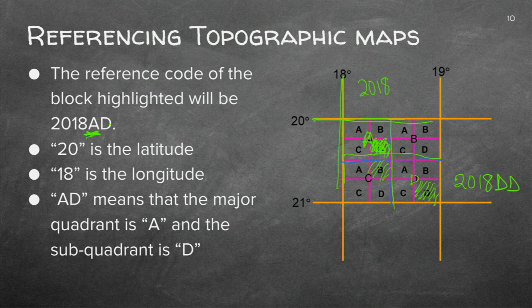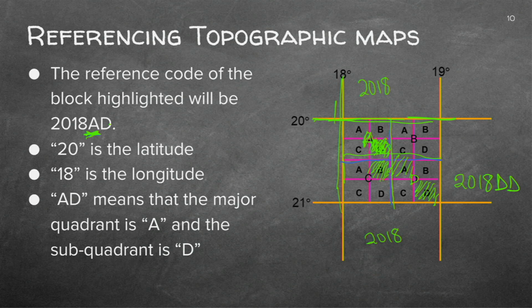I am sure you have tried that now, and you will agree with me that this one here, let's talk about this one first. This one here will be 2018. All of the maps within this 1 degree by 1 degree block will all be 2018 because they are within the 20 latitude and 18 longitude, all in that box, okay? And in that block, you have all of the 16 maps.